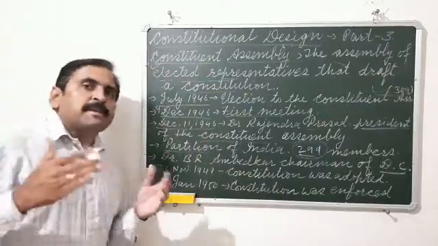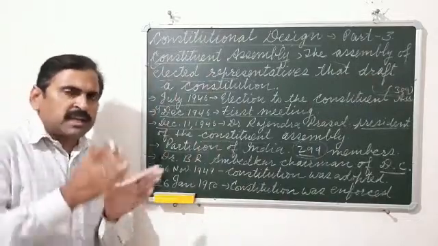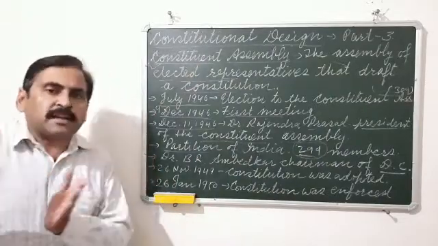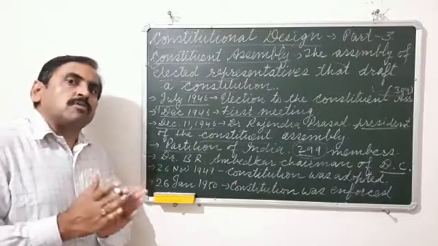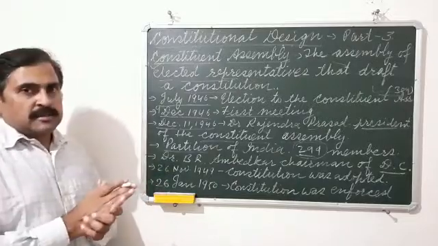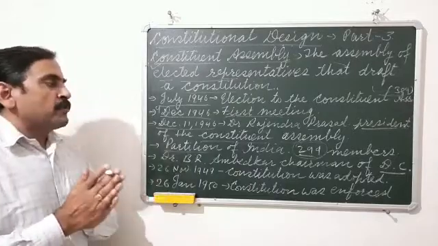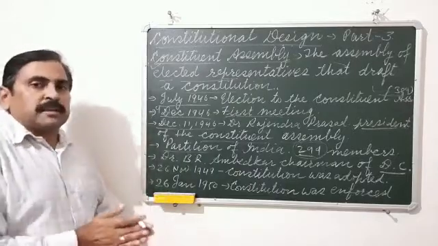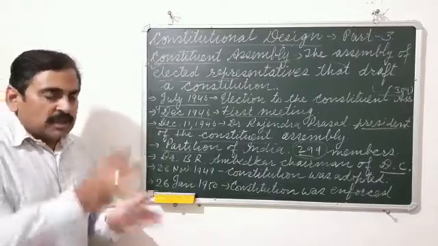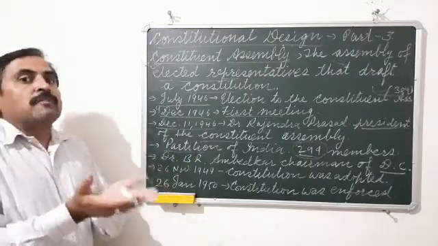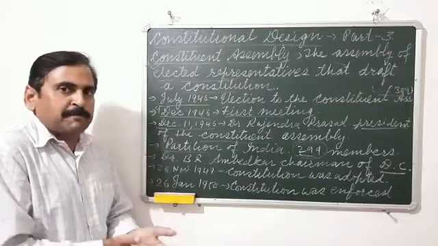Then different committees were formed, and each committee was given a different task. There were about 22 committees, and one of the most important committees was the drafting committee. Drafting means to note down, write down, to prepare a draft on which the discussion can take place.